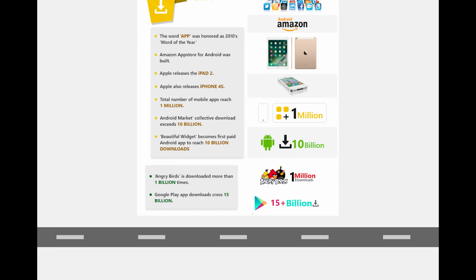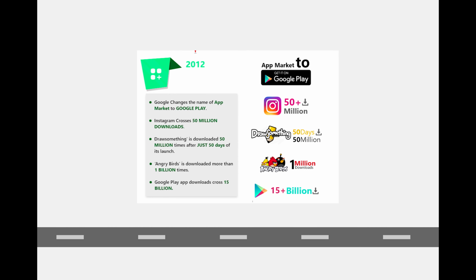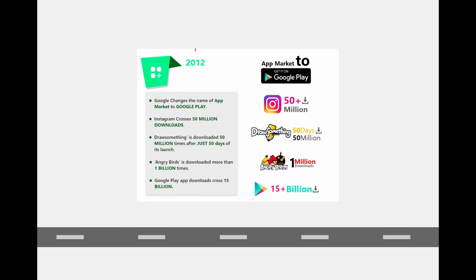We roll down to 2012. Google changes the Android Market to Google Play, and then Instagram crosses 50 million downloads, which is crazy. And then we also had an app called Draw Something, which was downloaded 50 million times in just 50 days.